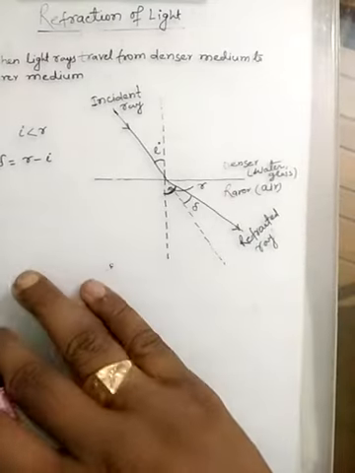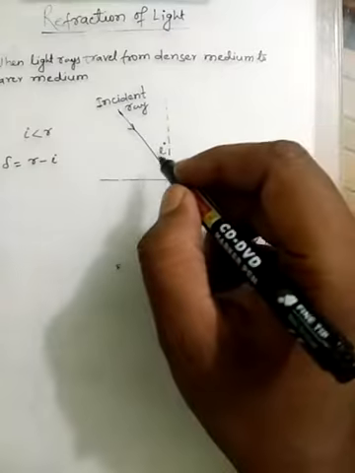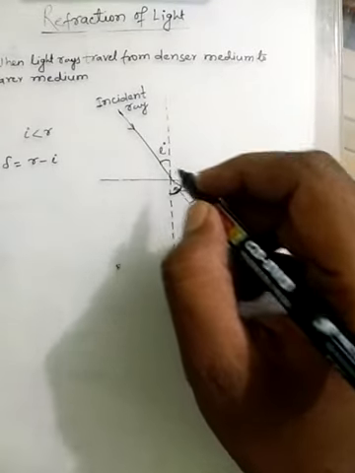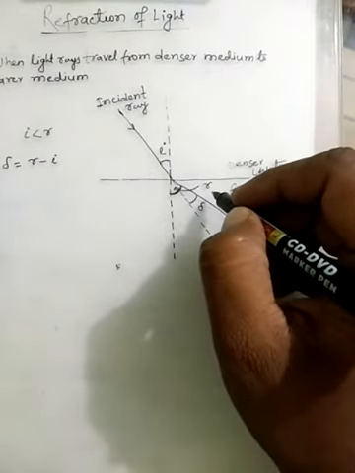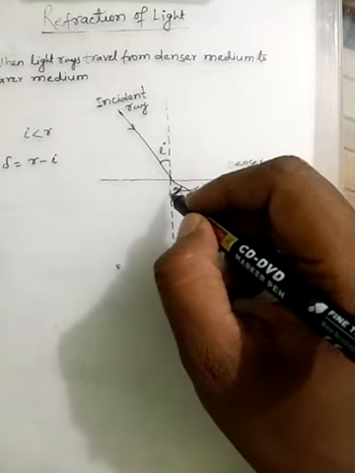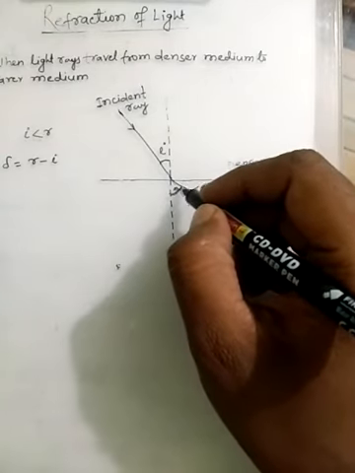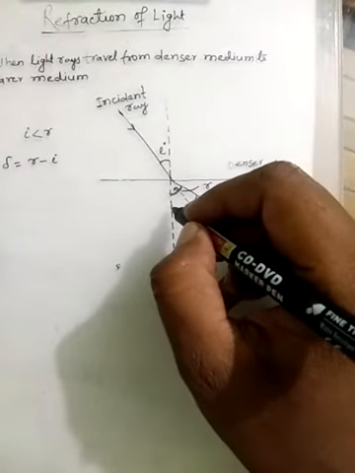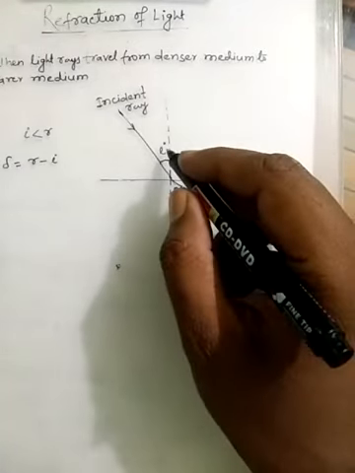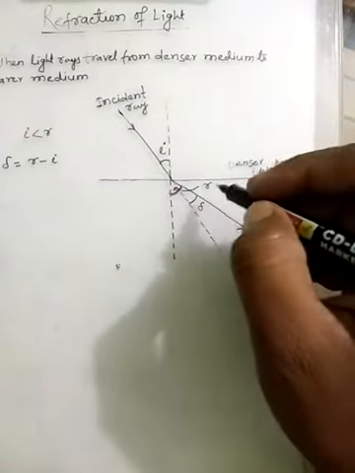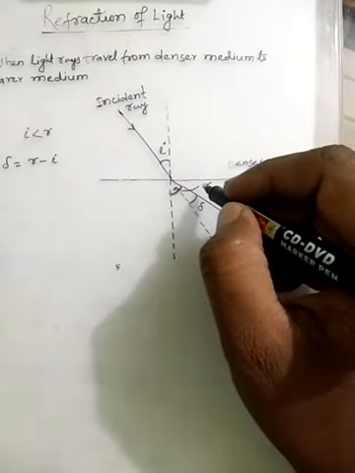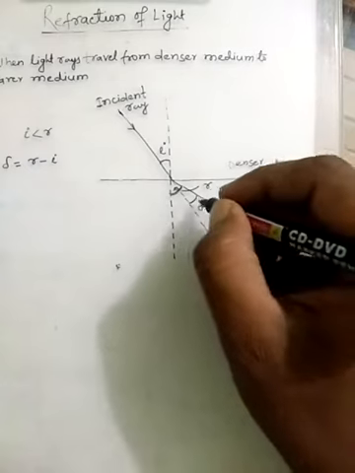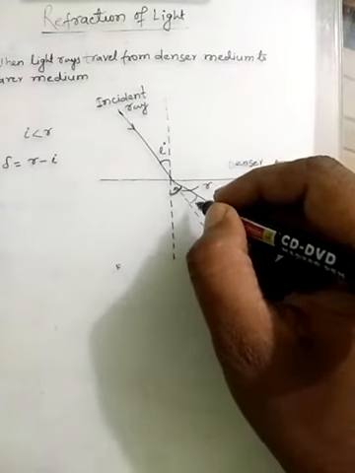In this condition, the angle of incidence is lesser than the angle of refraction. Here R is the angle of refraction, the angle of the refracted ray from the normal, and this is the incident angle. Here R is greater than I, and this is the deviation.